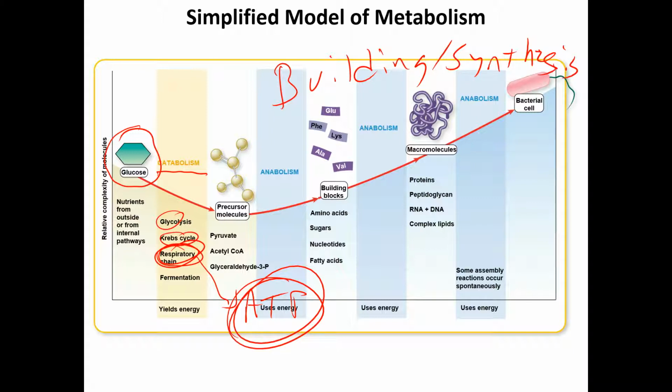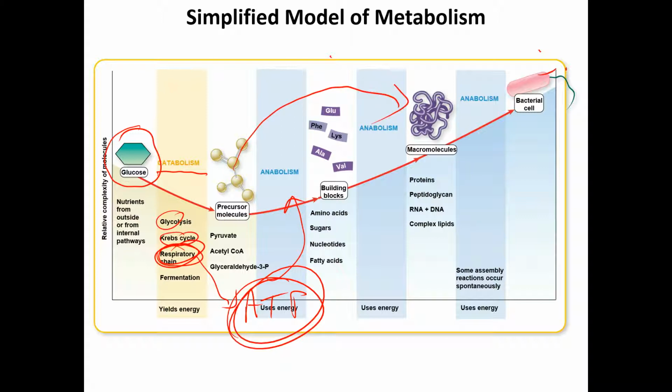Here a cell is going to use this energy and some other precursor molecules that it either assembled itself or brought into the cell, and use the energy of ATP to make much larger molecules from basic building blocks: amino acids, sugars, nucleotides, fatty acids.